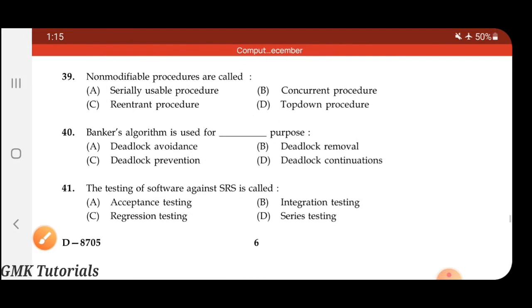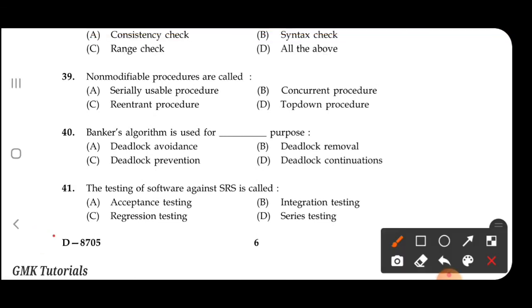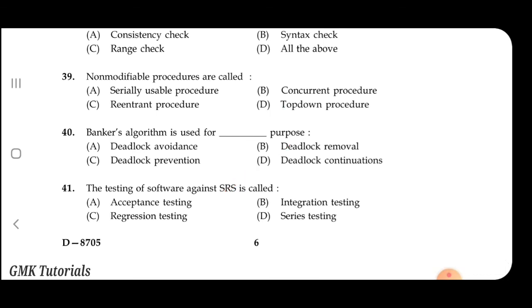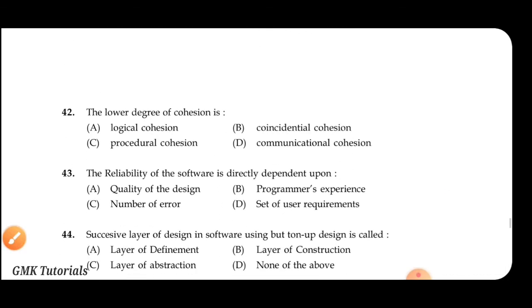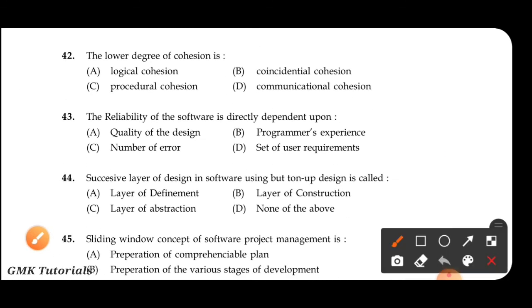And 39th, non-modifiable procedures are called reentrant procedures. Banker's algorithm is used for deadlock avoidance. The testing of software against SRS is called acceptance testing. The lowest degree of cohesion is coincidental cohesion.